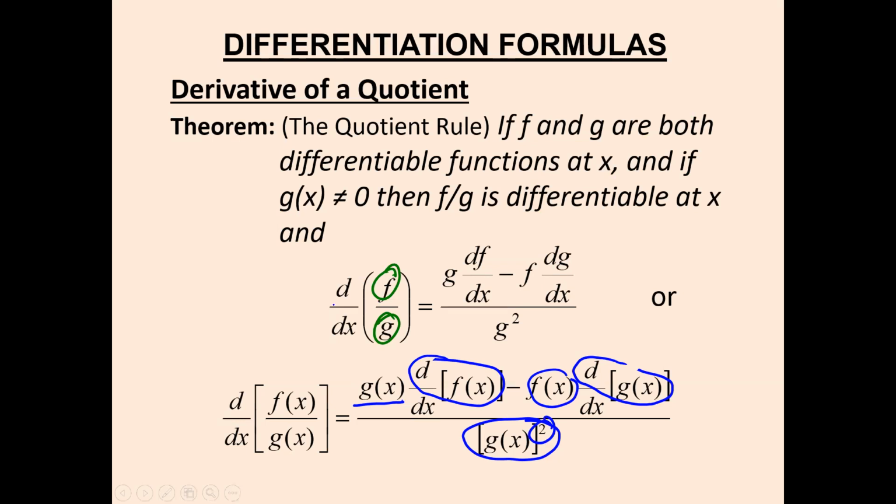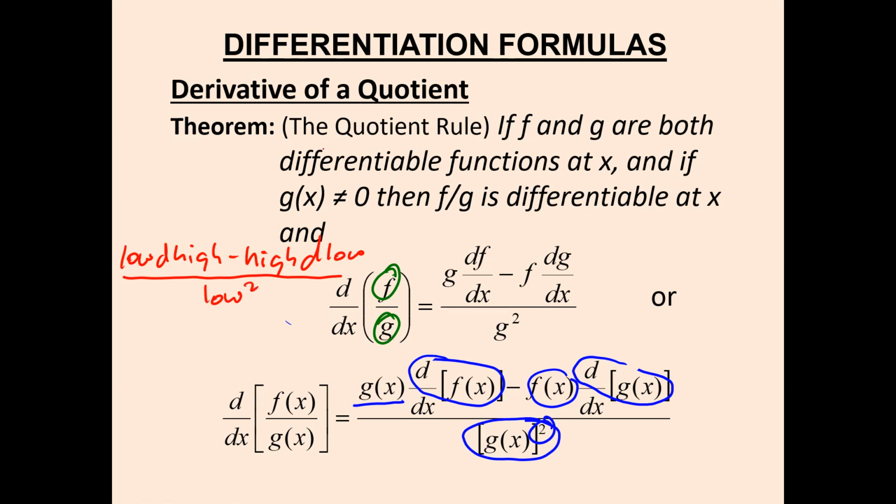Okay, so medyo mas mahaba to kaysa dun sa ating product rule natin kanina. But don't worry, mayroon akong ibibigay na technique. So pwede nyo gamitin ang low d high minus high d low over low low. Okay?